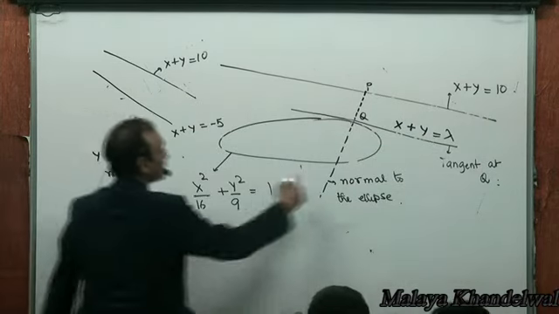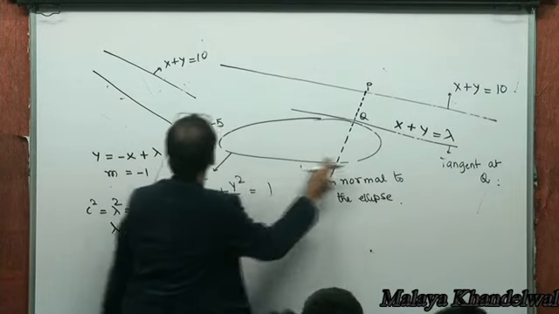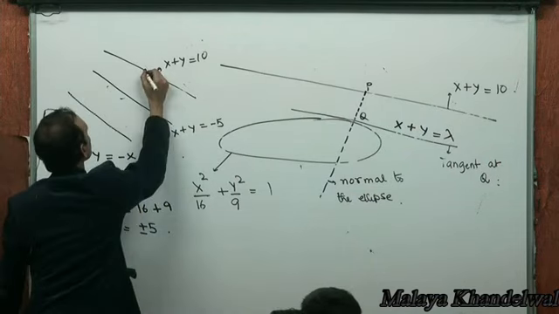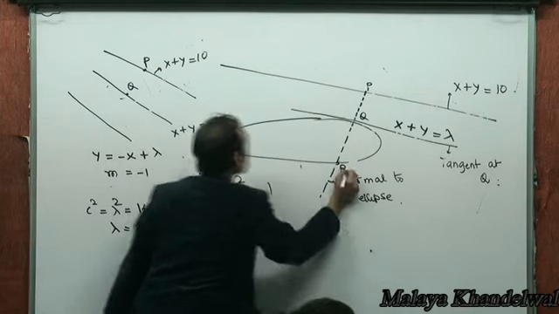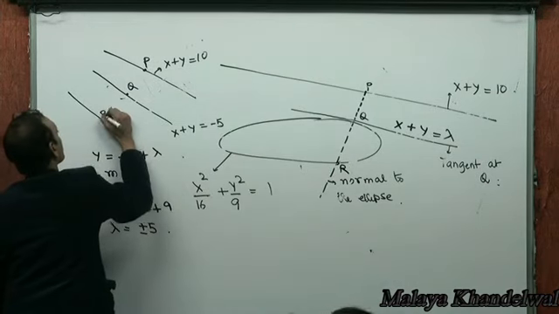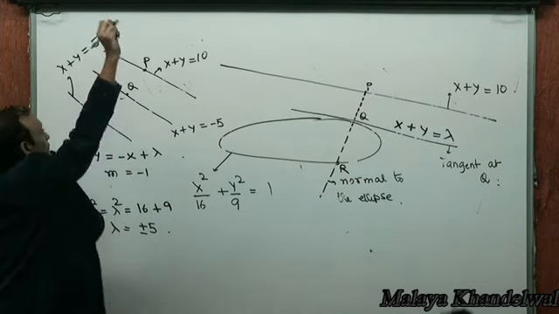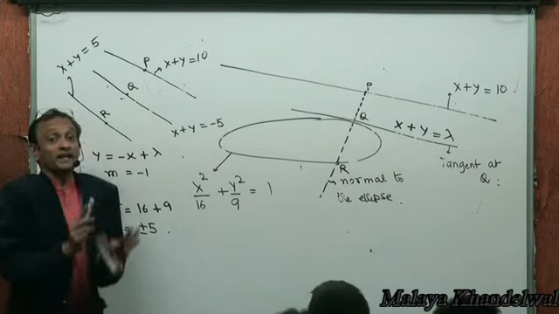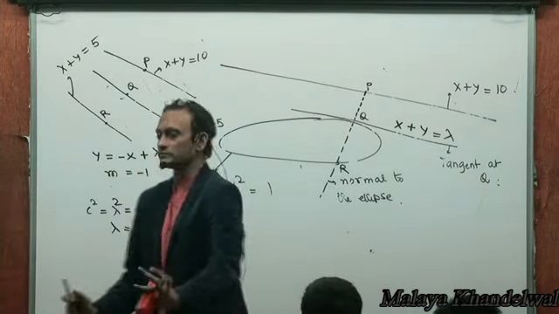Then the tangent here must be x plus y equal to 5. That means if this was P, this was Q, and say this was R, then this would be x plus y equal to 5. Yes or no? Now I claim that this cannot happen.